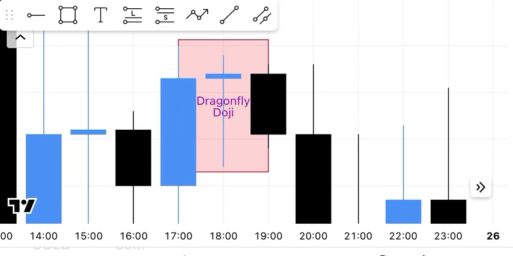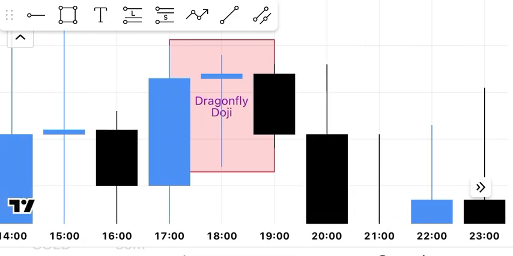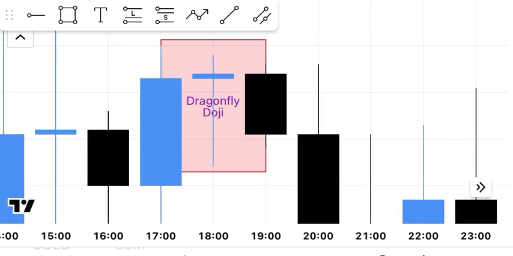What does it look like? It looks this way: small body at the top, plus long lower wick, plus no or very tiny upper wick.